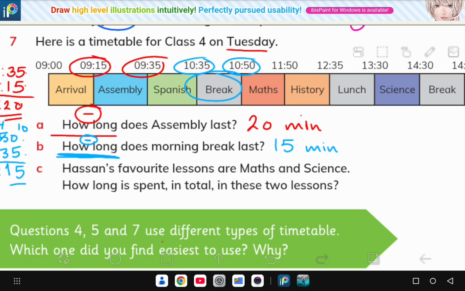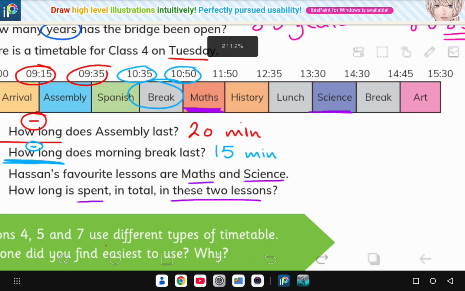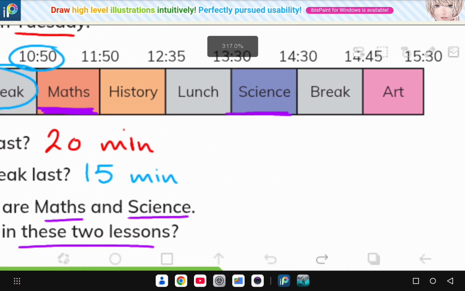C. Hassan's favorite lessons are maths and science. How long is spent in total in these two lessons? The first thing, I need to know how many minutes in the math and how many minutes in the science. This is the math.